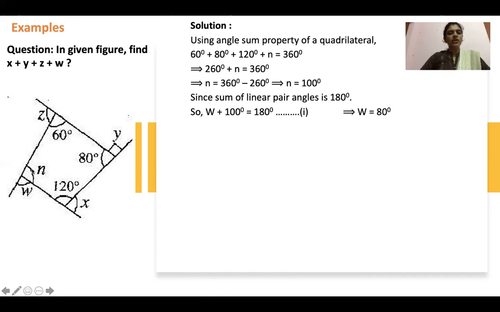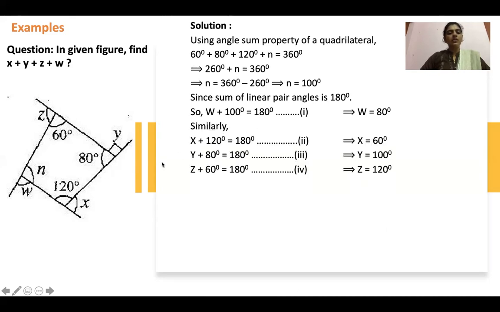Since the sum of linear pair angles is 180 degrees, this n and w are linear pair angles. Here n is equal to 100 degrees, so w must be equal to 180 minus 100, that is 80 degrees.